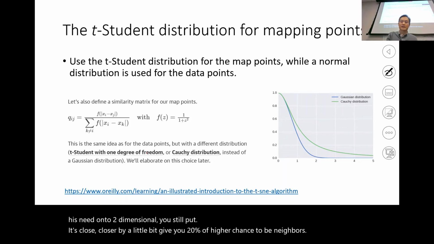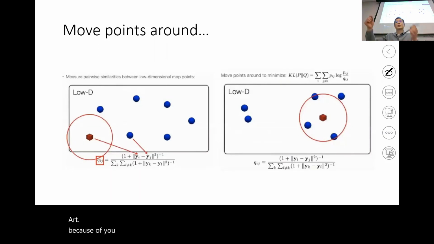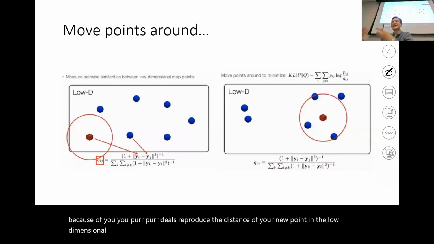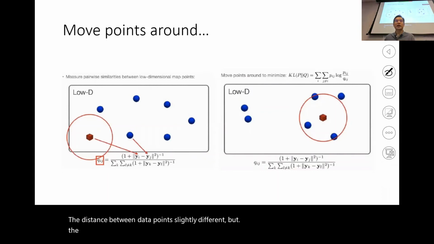Because you reproduce the distance of your new point in the low dimensional space according to a slightly different distribution, at the end the distance between data points is presented slightly differently, but the overall relationship is still kept, and the density just changed a little bit.